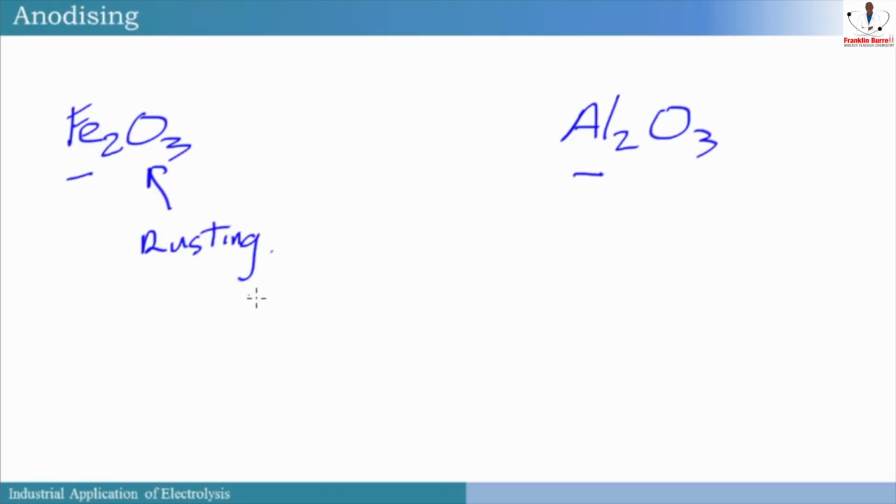Now, what is the difference between the oxide of iron and the oxide of aluminum? Well, the oxide of iron will flake. And if it flakes, it will expose the inner surface of the metal to more corrosion. Hence, the metal will be eaten away slowly.